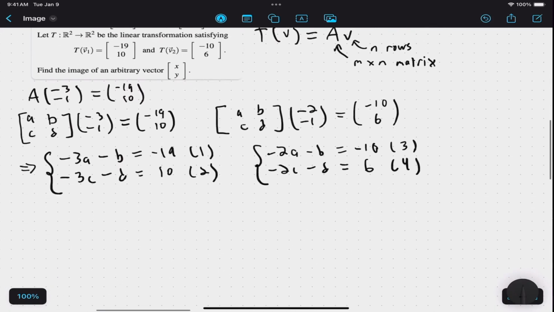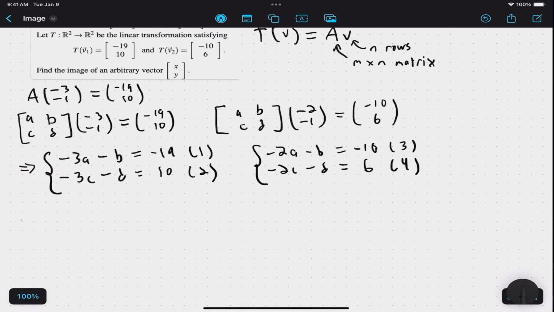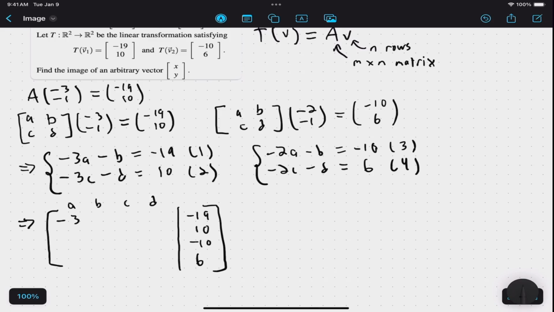So if I put equations 1, 2, 3, and 4 into an augmented matrix, we have columns A, B, C, D, and it's an augmented matrix, so the right side contains everything on the right. -10 and 6. So this will be equation 1, and C's and D's are both 0 because we don't have C's or D's.